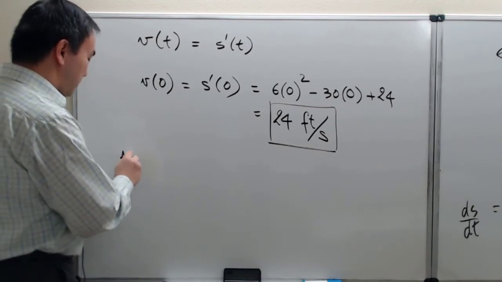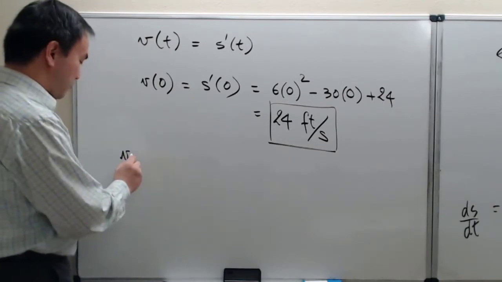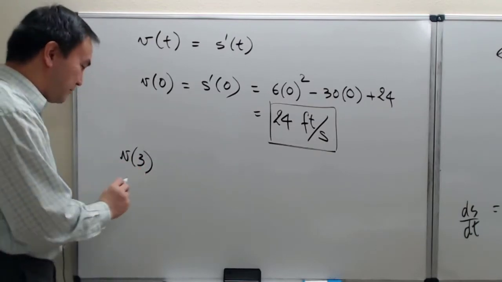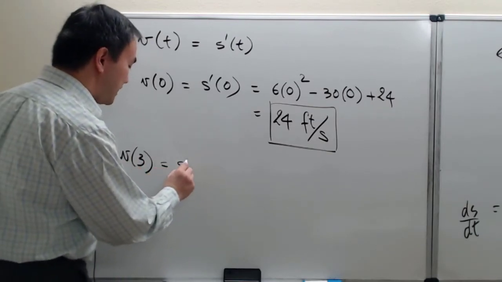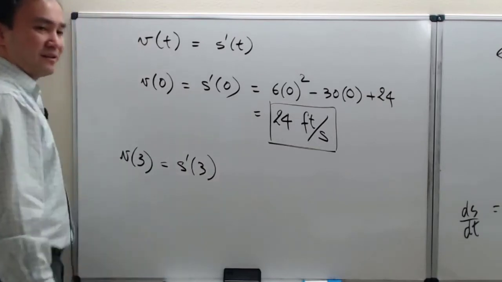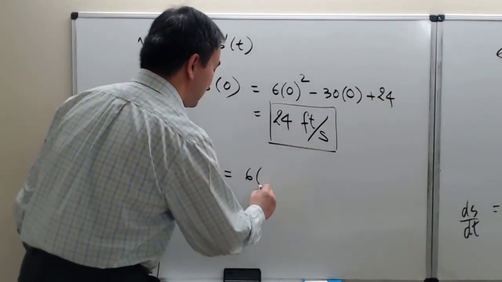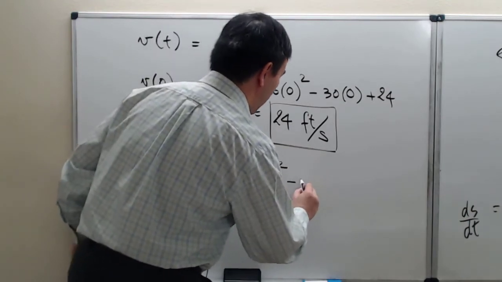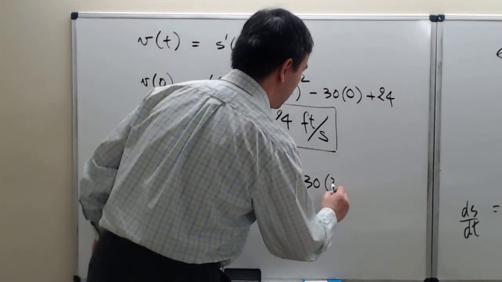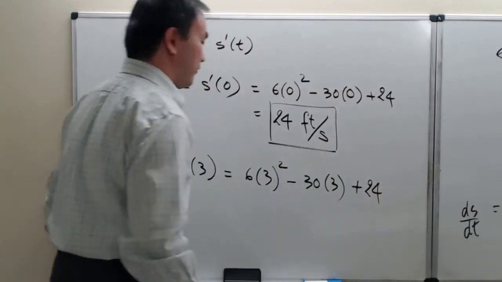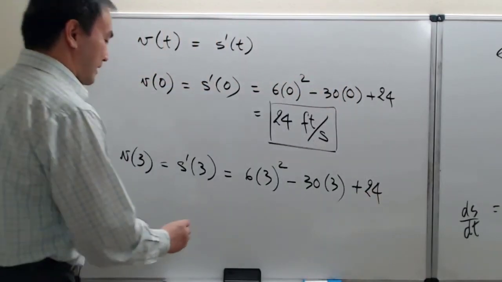And so now, the next part of the questions are quite straightforward. Now we're looking for v of 3, the velocity at time equals 3. That means we're looking for s prime at 3. Okay, and so now that means 6 times 3 squared minus 30 times 3, plus 24.